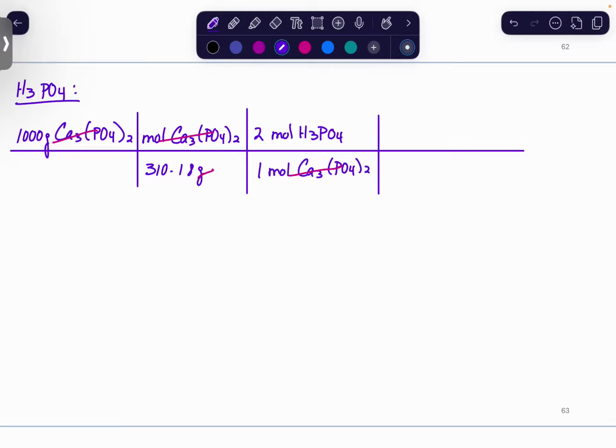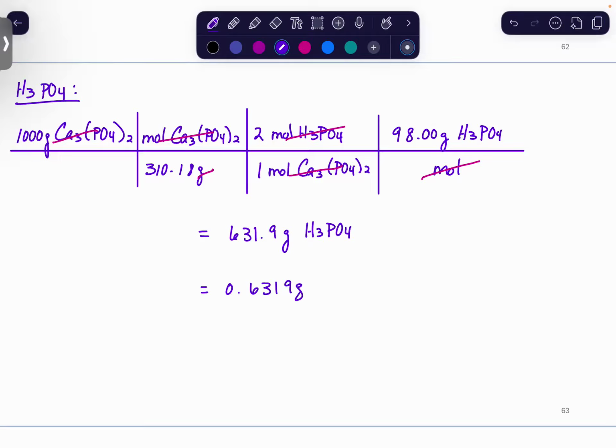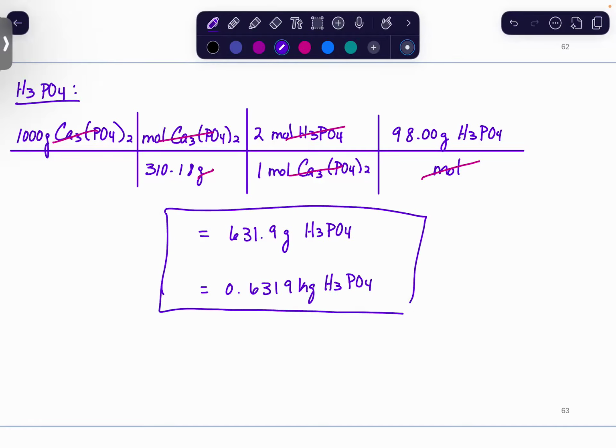And then I need a mass, so 98 grams of phosphoric acid per mole. And moles divides out. And when I calculate this it is going to be 631.9 grams phosphoric acid, or 0.6319 kilograms of phosphoric acid. All right, so now you've solved this problem.